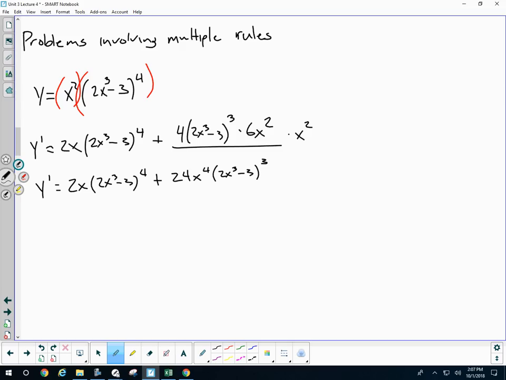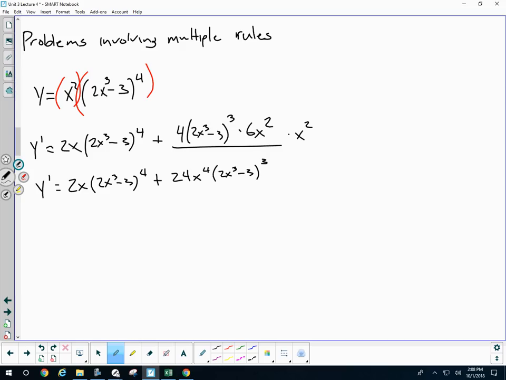Okay? And that looks like my simplified answer. Look for the answer on a multiple choice question, and I don't see this anywhere, which means I need to simplify more.